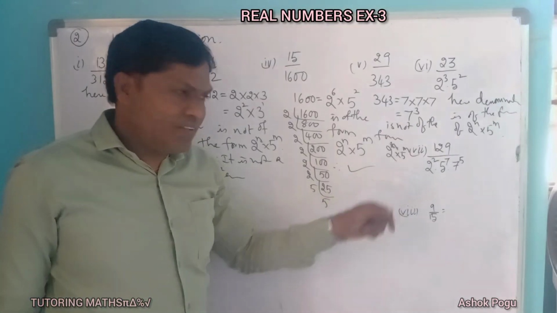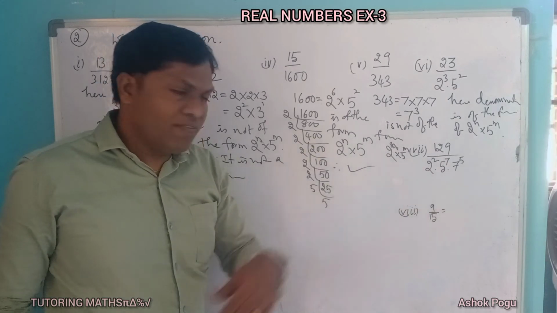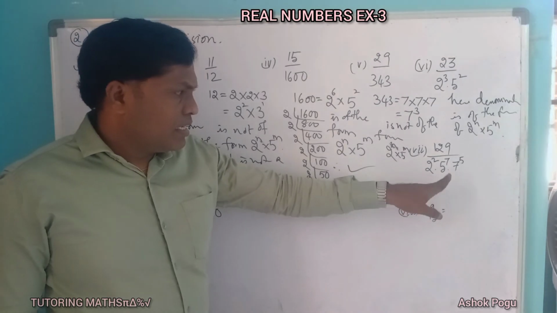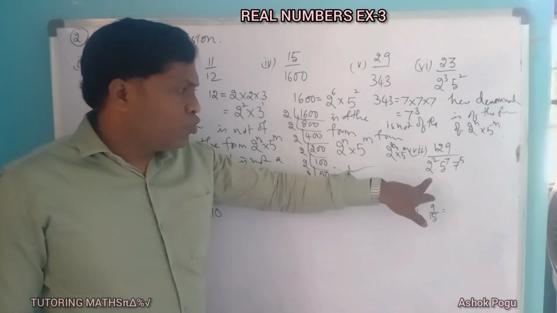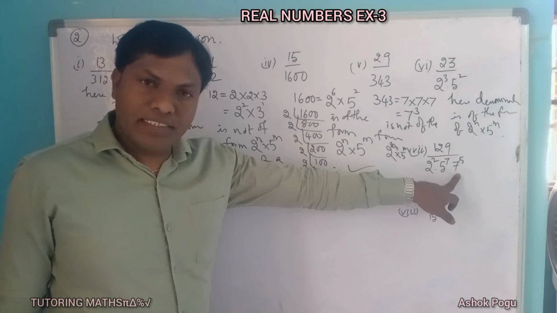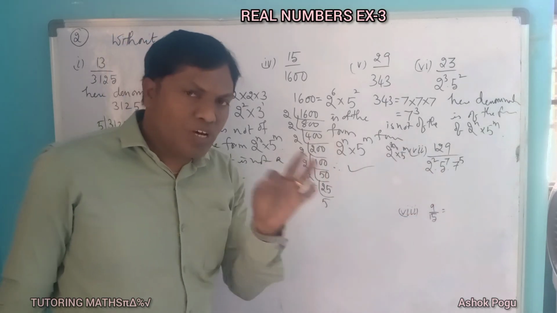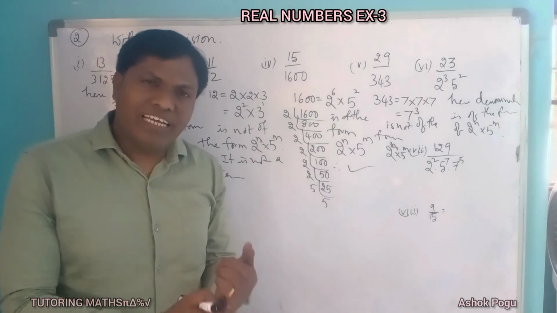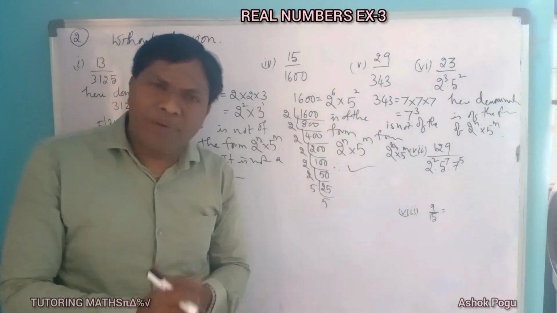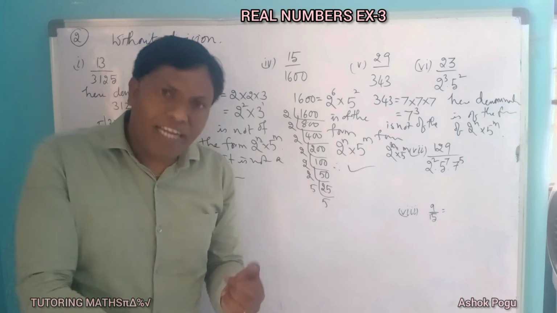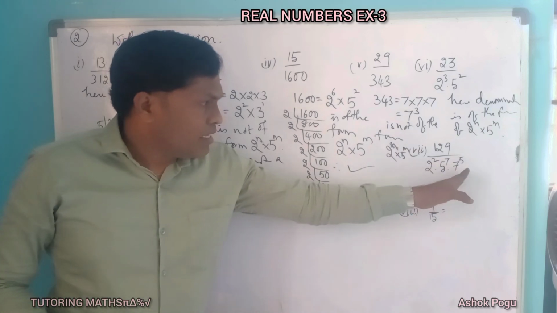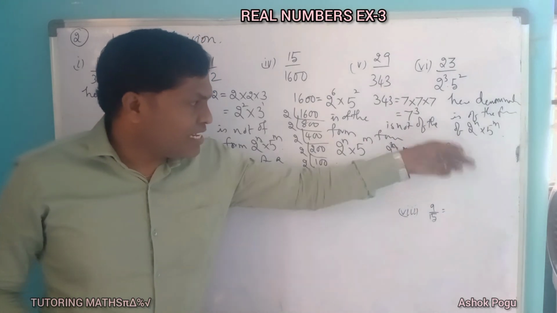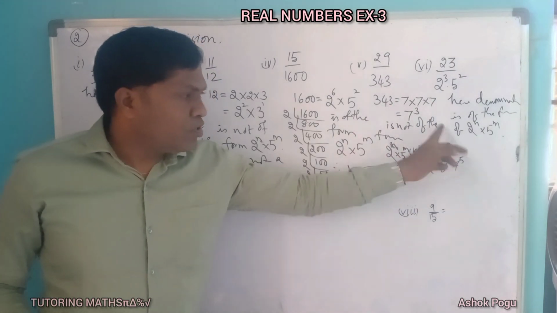Coming to question number 7. Here also the prime factors are already given. And here it is not in the form of 2 power n, 5 power m, because here 2's and 5's are there, but 7 is additionally there. Just keep in mind, my dear students, when you get factors other than 2 and 5, they are not divisible, and cancellation is also not possible. 7 is not possible to cancel here.